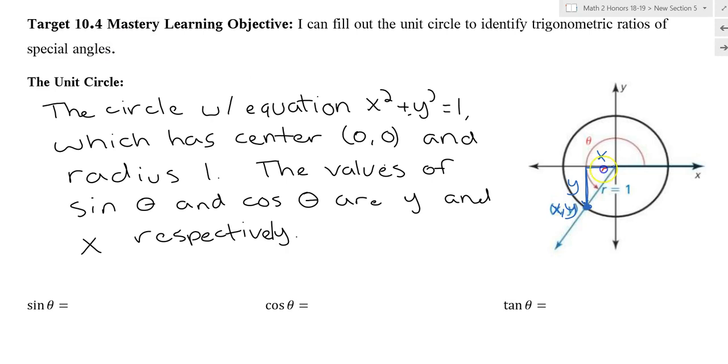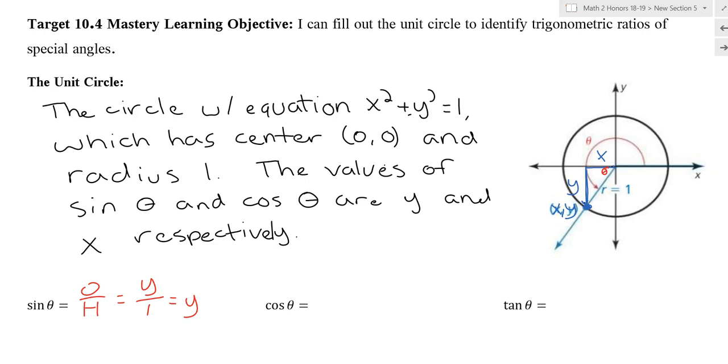Then if I'm finding sine of this angle here, for sine I'm doing opposite over hypotenuse, which is y over 1. Y divided by 1 is just y.